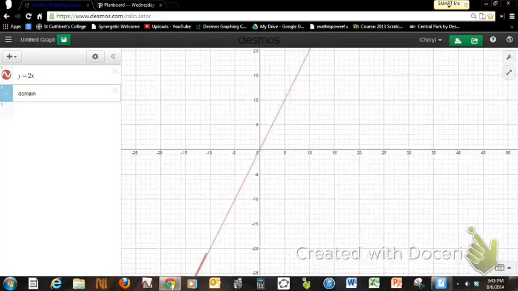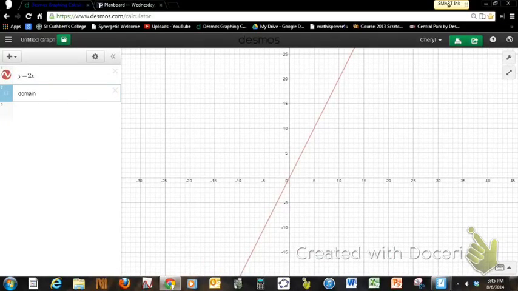This line just keeps on going to infinity, up and down. So for the domain, the x values, x is all real numbers, the set of real numbers.